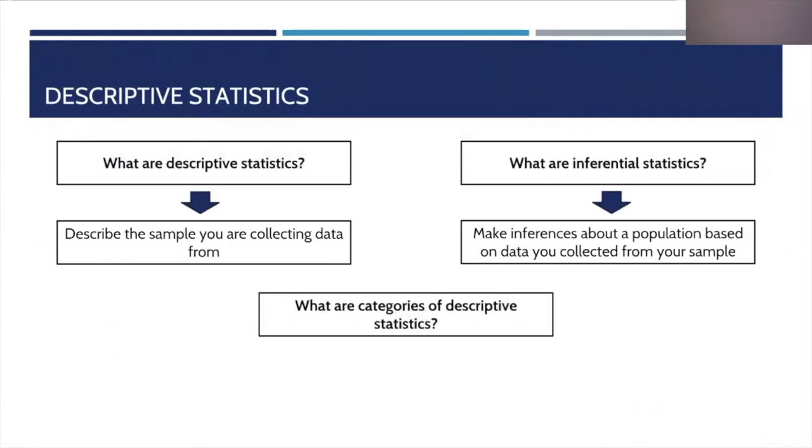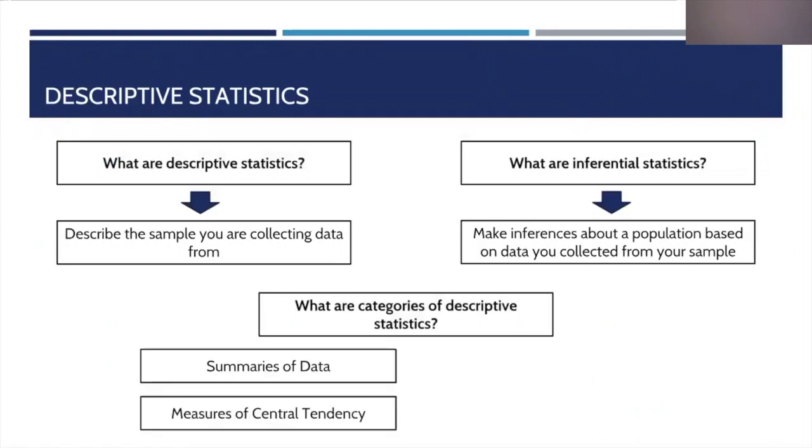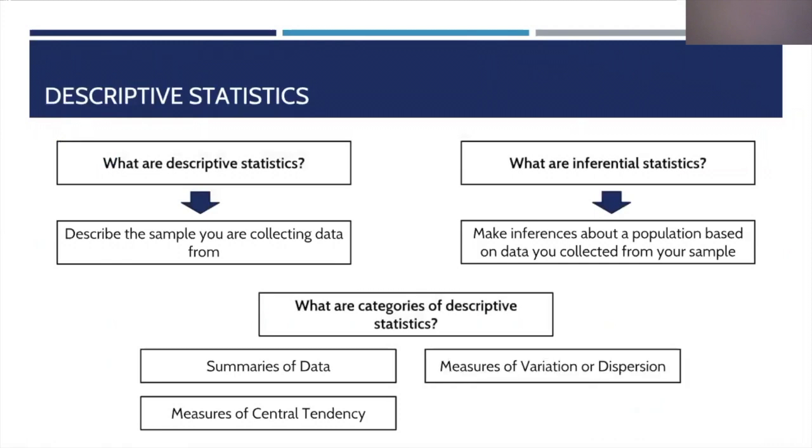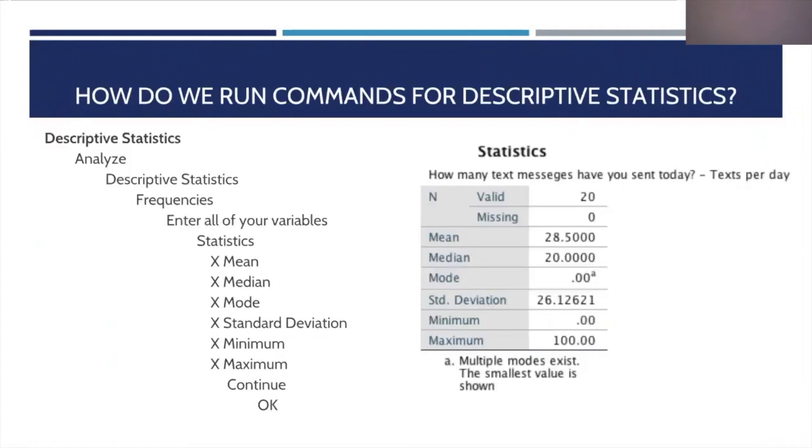And what are specific categories within descriptive statistics? We have 4: summaries of data, measures of central tendency, measures of variation or dispersion, and then our measures of position. So we went over a few commands for descriptive statistics. They're listed up here on your left again.